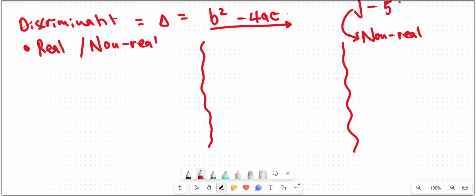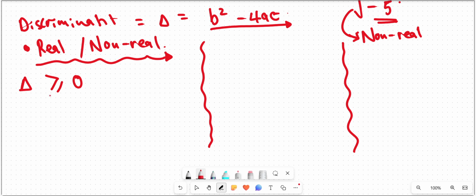We're asking the question, are they real or are they non-real? So for them to be real, the discriminant should be greater than or equal to 0. Again, we talked about it. If it is negative, that's when it's non-real. So it's real if it's positive or greater than or equal to 0. So this is when the roots are real.